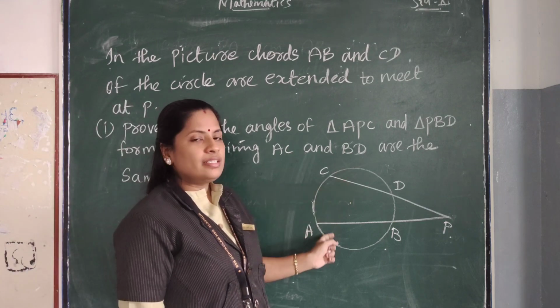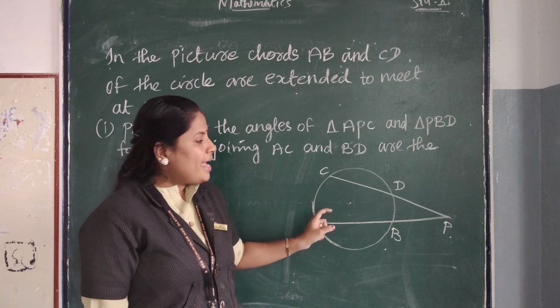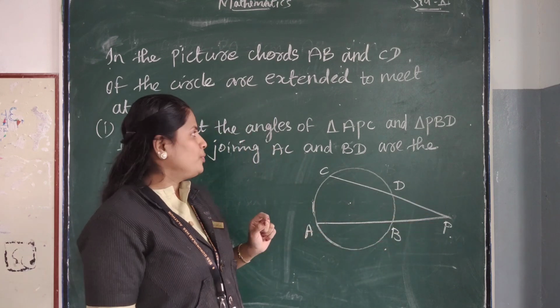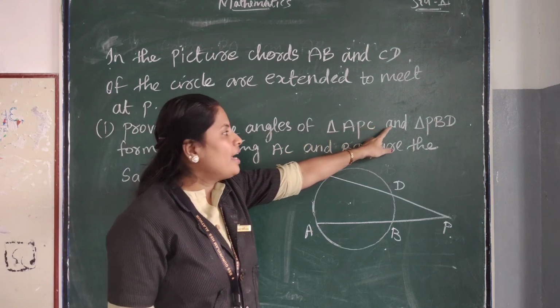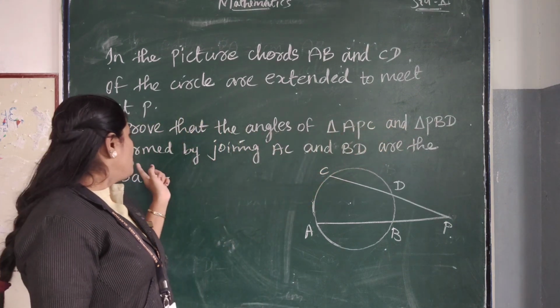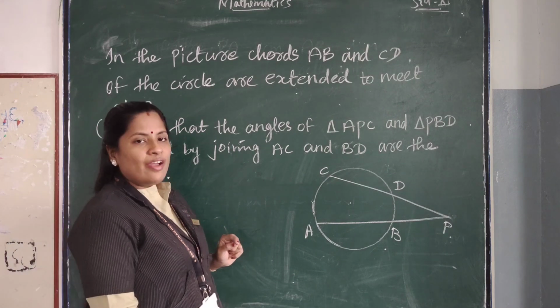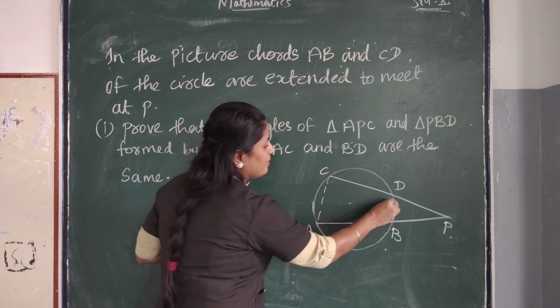So here this is the circle. CD and AB are the chords extended to meet at P. So here we have to prove that the angles of triangle ABC and triangle PBD are the same. Okay. So for that we have to join AC and BD.